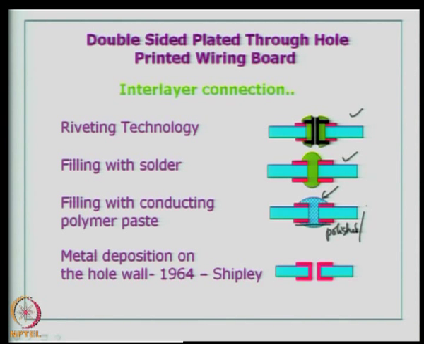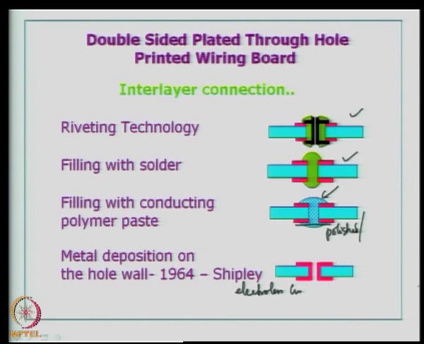Then finally, the technology that we are using today is called electroless copper, which was put forth in a paper by Shipley et al. during the 1960s, 1964 to 1967.